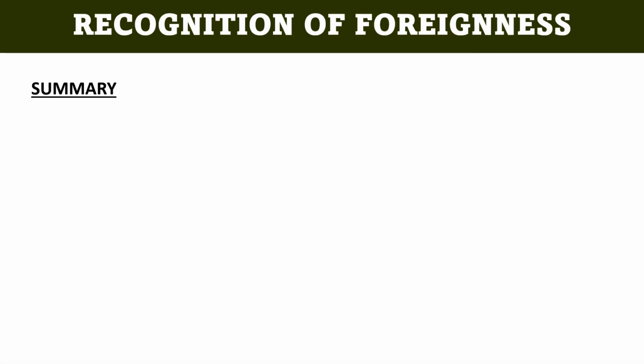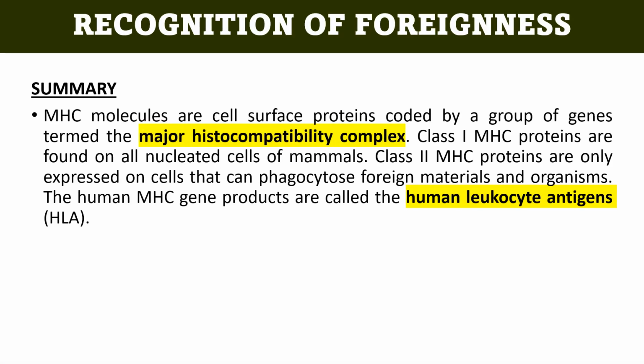Let's look at the summary for recognition of foreignness. MHC molecules are cell surface proteins coded by a group of genes termed the major histocompatibility complex. Class 1 MHC proteins are found on all nucleated cells of the mammal, and class 2 MHC proteins are only expressed on cells that can phagocytose foreign materials and organisms.